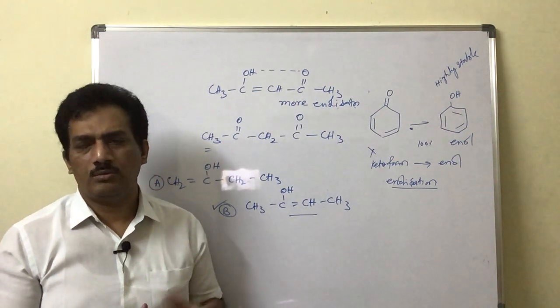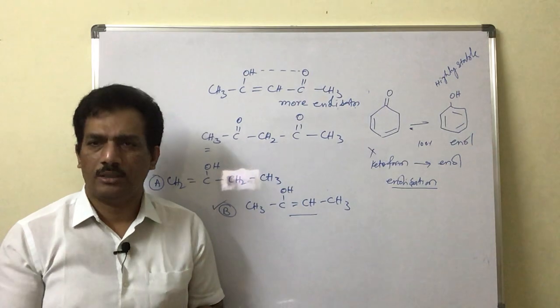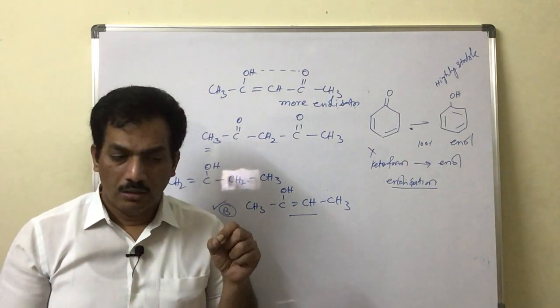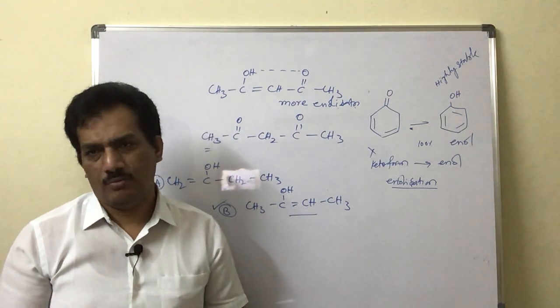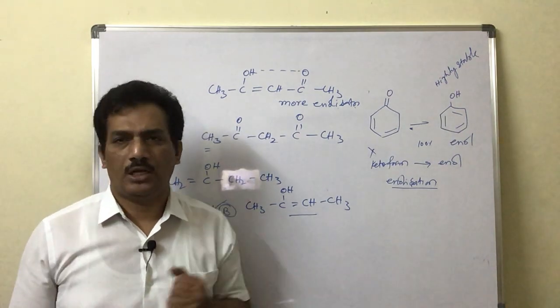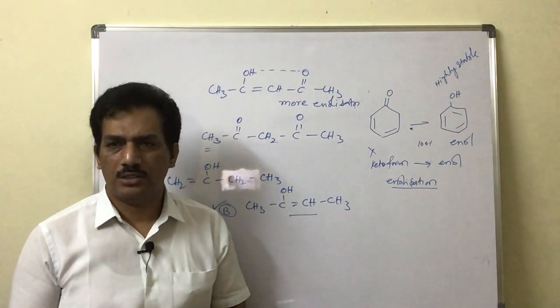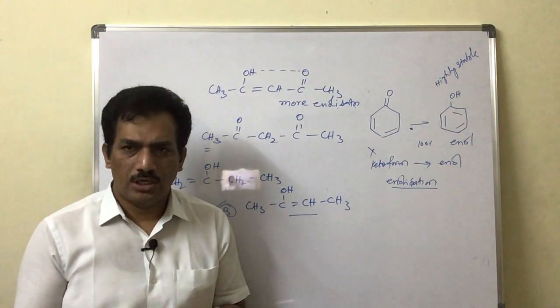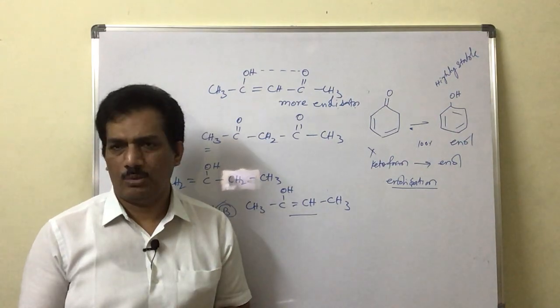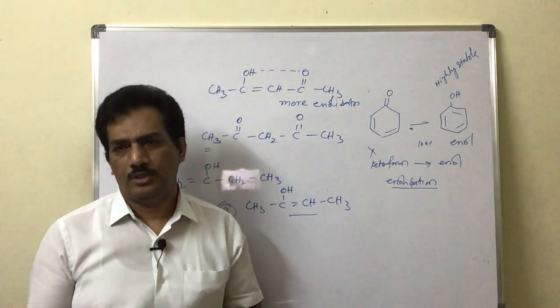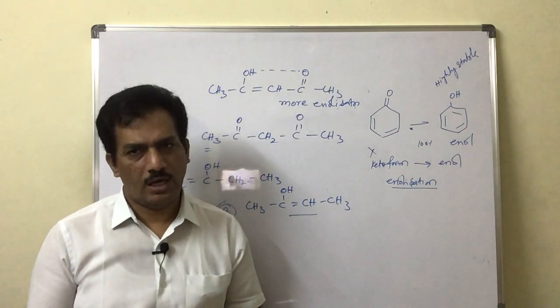And optical isomerism we need not study separately, because in any carbonyl compound, if any carbon is chiral, then we can expect optical isomerism also. Those isomerisms you can consider as usual: the double bond gives restricted rotation and geometrical isomerism, and if any chiral carbon is present, then we can expect optical isomerism.